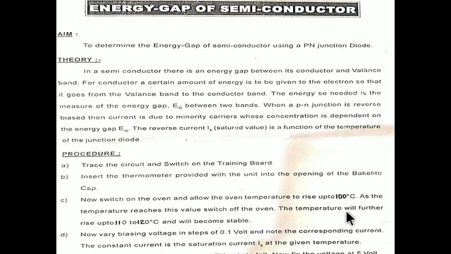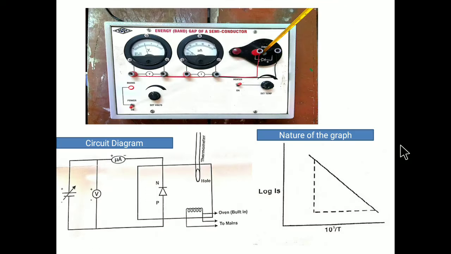Here the procedure has been written. Before proceeding, I will show the circuit diagram. This is a circuit diagram where the battery and voltmeter are there. The positive terminal of the voltmeter is connected to the positive of the microammeter, and the negative is connected to the N side, and then the P side is connected to the negative terminal of the voltmeter, which is again connected to the negative terminal of the battery.